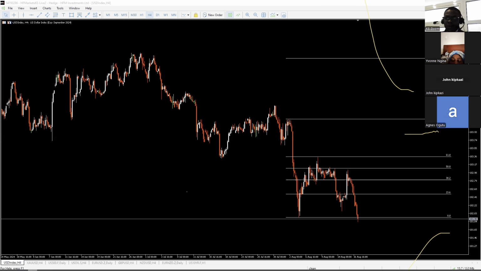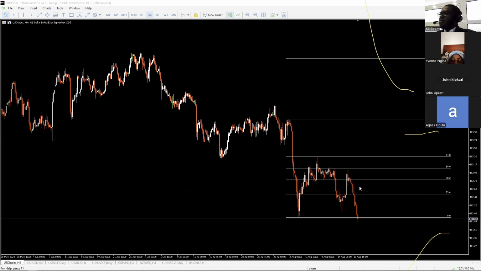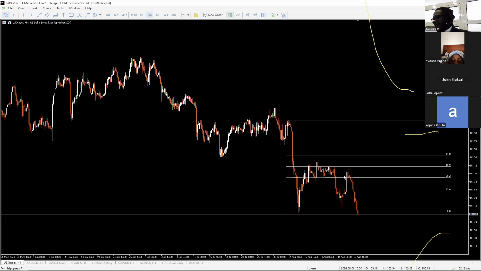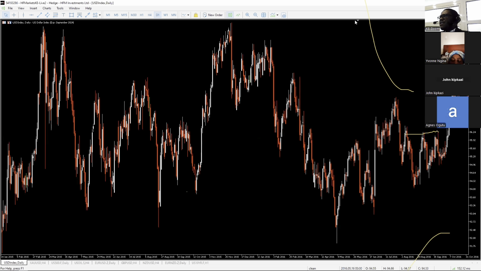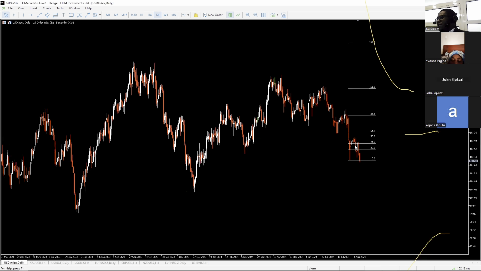Okay, so as I was stating earlier, how the dollar index is trading. The dollar index basically gauges the strength of the dollar against seven major currency pairs, and of course the dollar index has been selling off, as we can all see, that super mighty downtrend that we have been having.